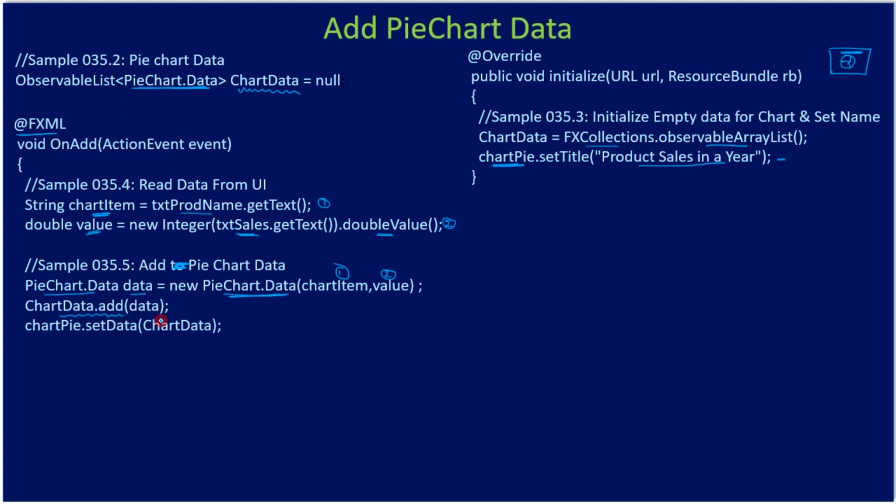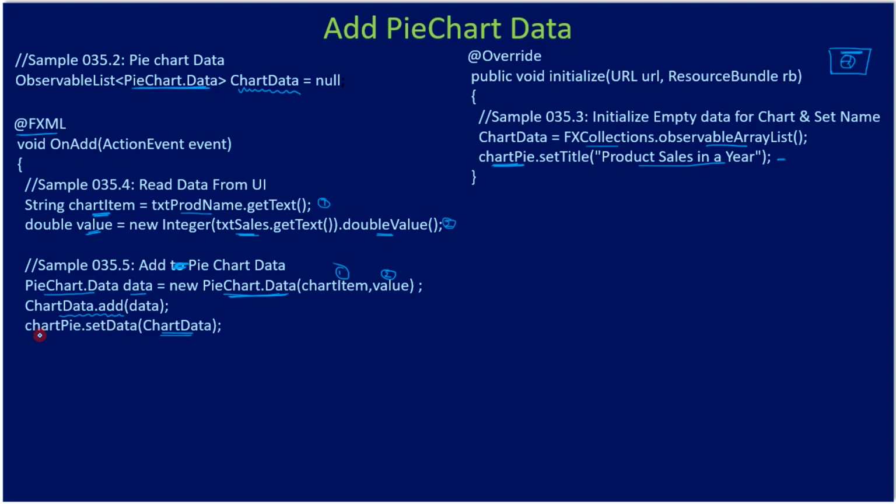Finally, this is our observable list, right? We give this observable list to our pie chart. So each time the user clicks this, we generate a new slice and we update our FX collection. Then we will set the data.